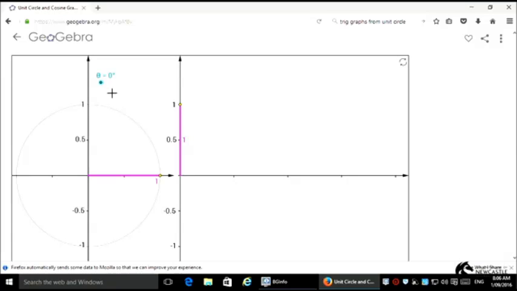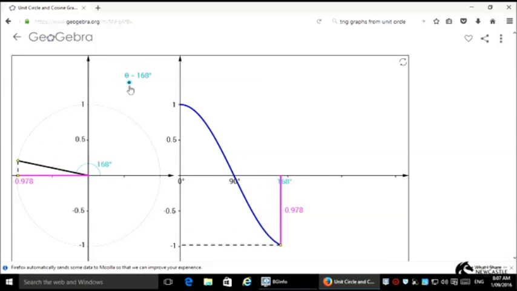Now let me move theta, so this goes around, and I'm going to plot the x-coordinate for each angle. So here we go. As we move along, there's the x-coordinate 0.95. There it is plotted. So when the angle is 18, the cos of 18 is 0.951. And as I move around, this is the graph that I get. For each angle, it's worked out the cosine.